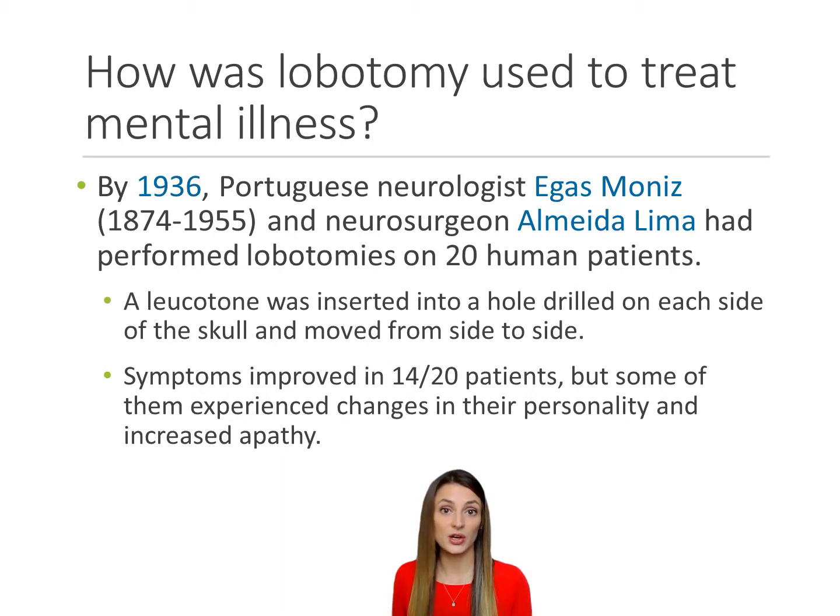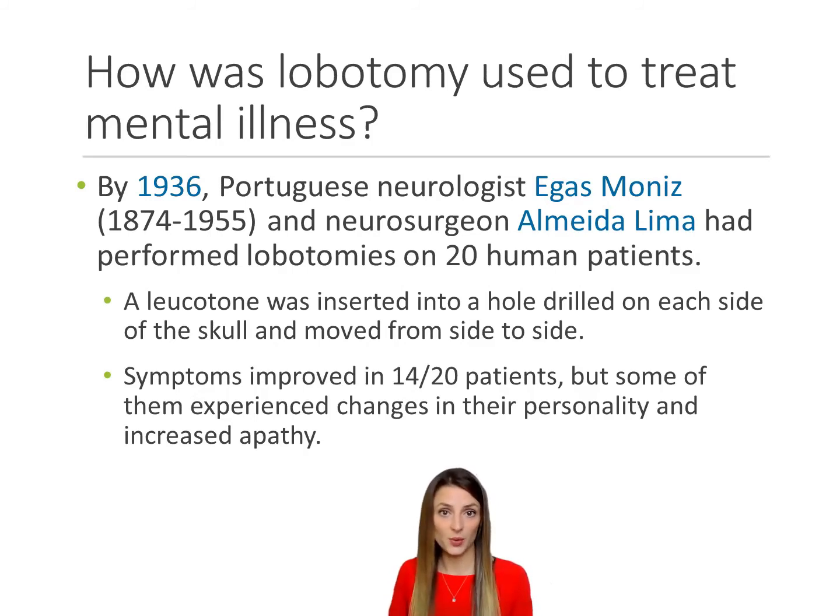They used a Lacone, you can see an example on the next slide, to make intentional cuts in the brain tissues of 20 of their patients. Technically, historians refer to this first version as a prefrontal leucotomy with a C, named after the instrument that they used.